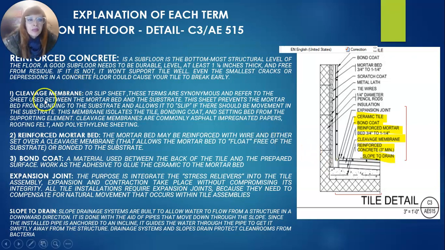Okay. Now over this concrete is the cleavage membrane. This cleavage membrane is over the concrete. This cleavage membrane, or slip sheet, refers to this sheet used between the mortar bed and the substrate.